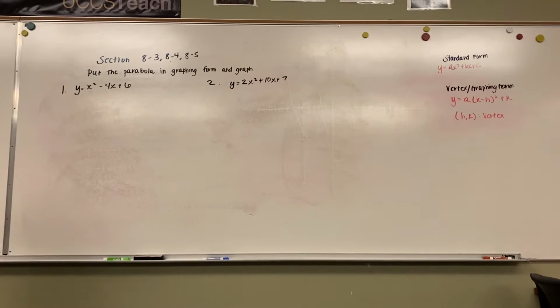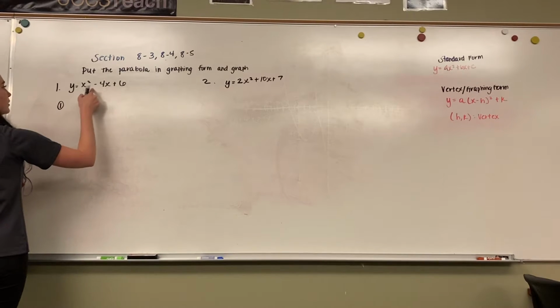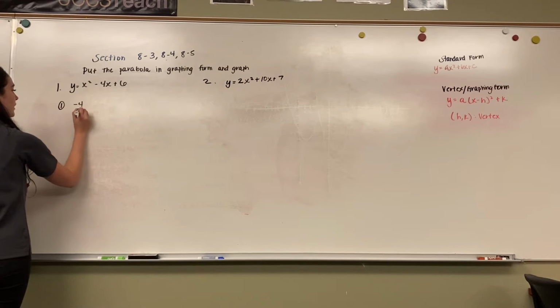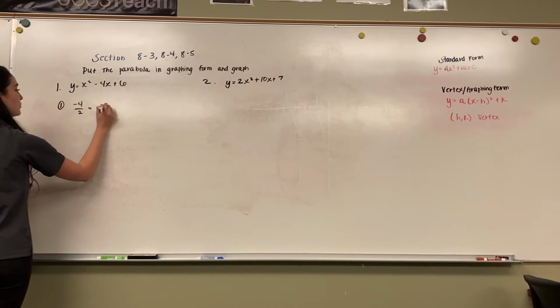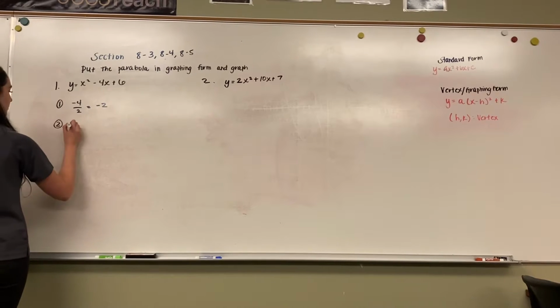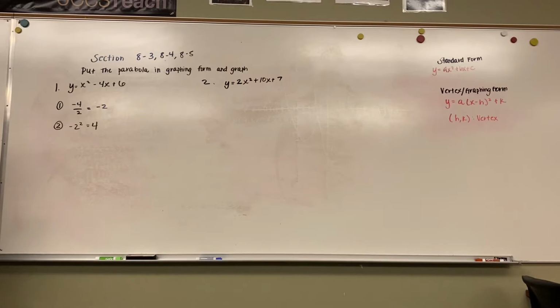And remember, the first step in completing the square is we're going to take our middle coefficient and divide it by 2. So we have -4 divided by 2, that's -2. Our second step is to square -2. -2 squared is 4.